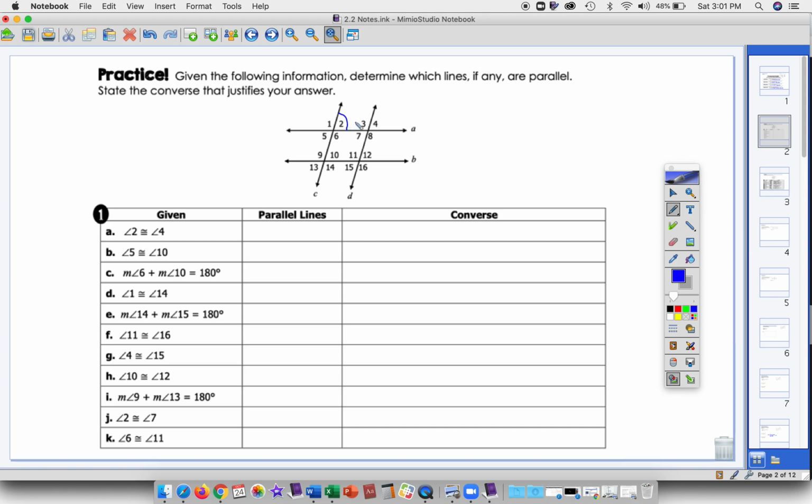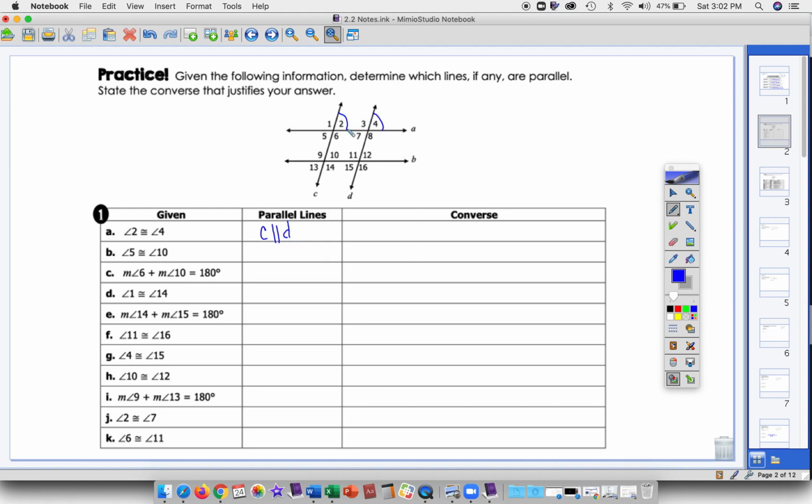If we're looking at 2 and 4, and 2 and 4 are congruent, then I want to first identify the transversal. 2 and 4 are both attached to A. So if A is the transversal, that would make these two lines the parallels. So that means C is parallel to D.